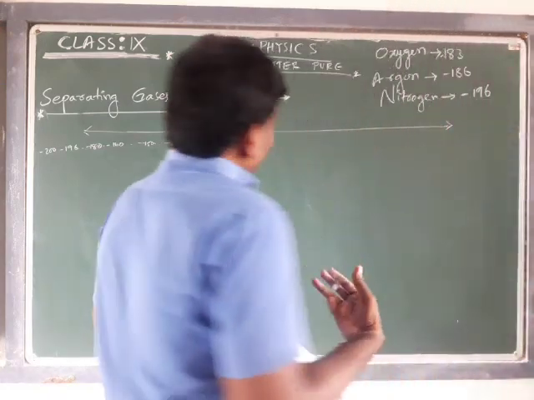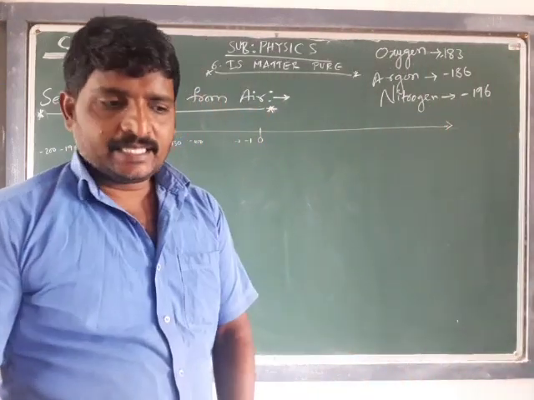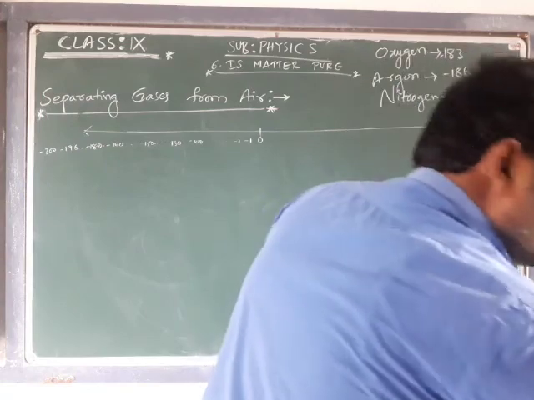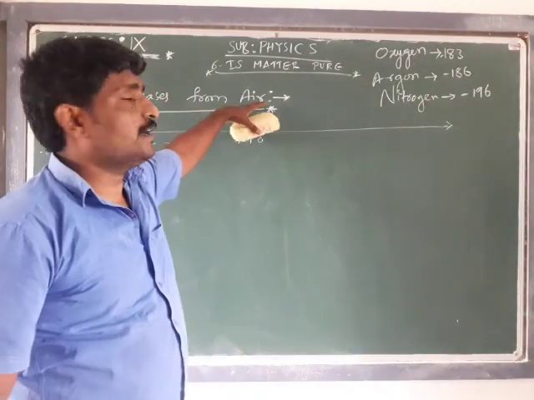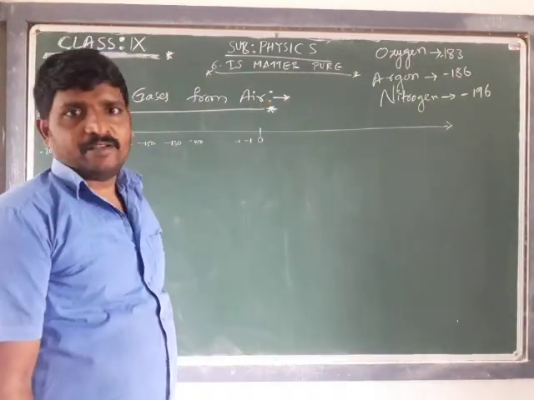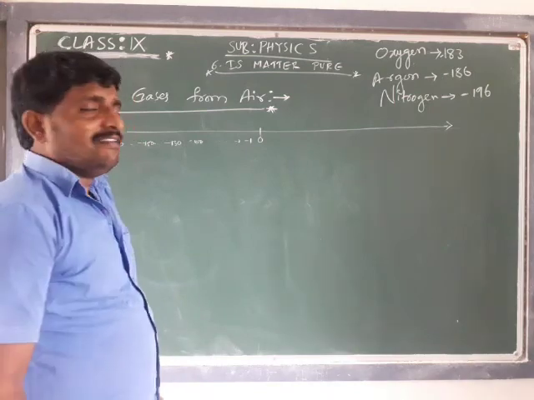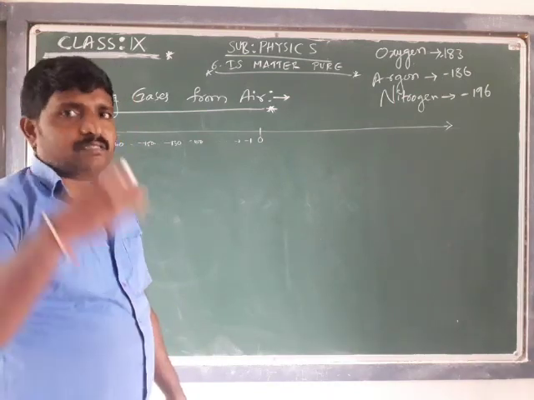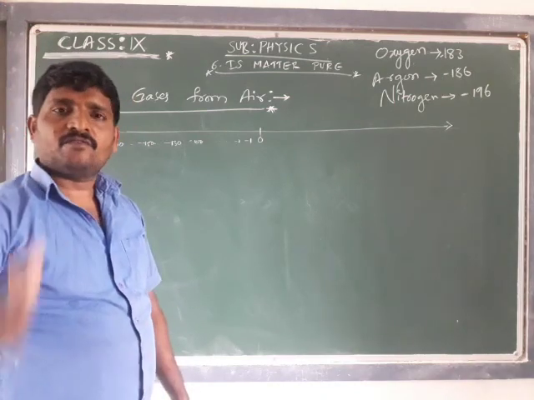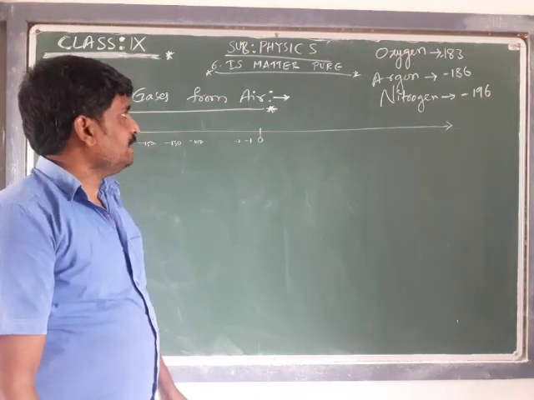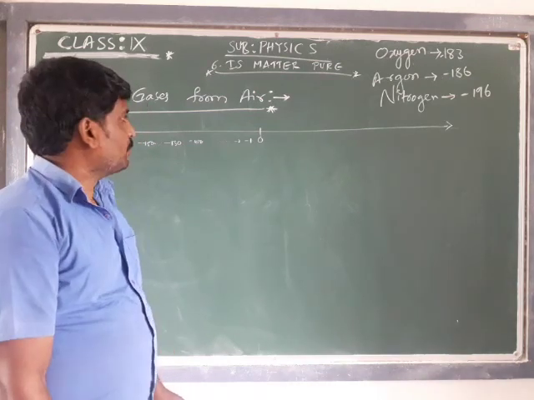Now let us see how the respective gases are extracted from the mixture of air. We will follow certain steps. Of course, this is a complex understanding, but we will follow a certain process.